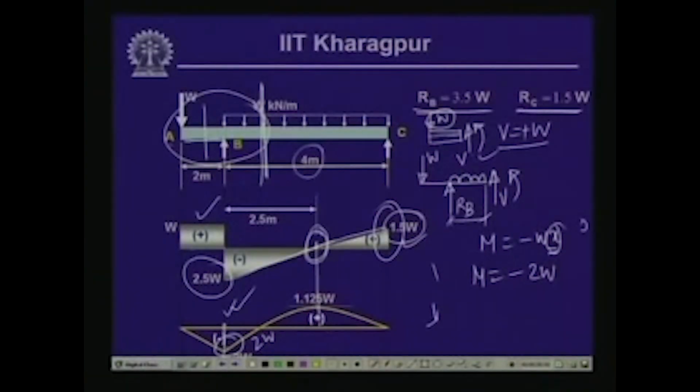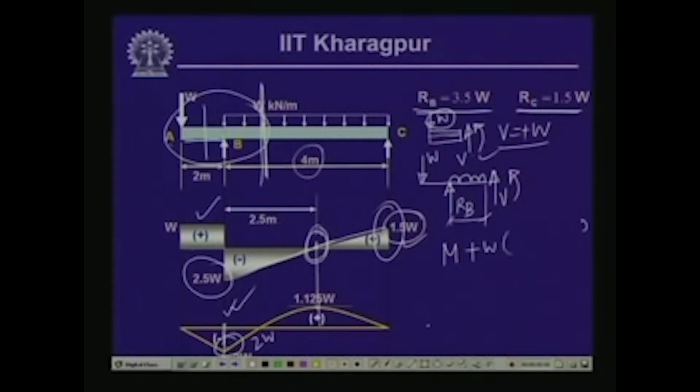Or vice versa. Now, at this particular point, if we compute the magnitude of the bending moment, the expression for the bending moment for this particular free body diagram is M plus W acting in the same direction.